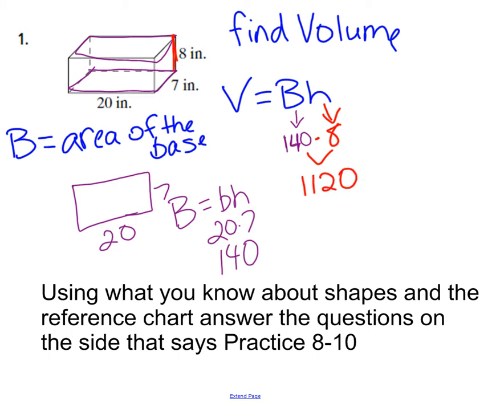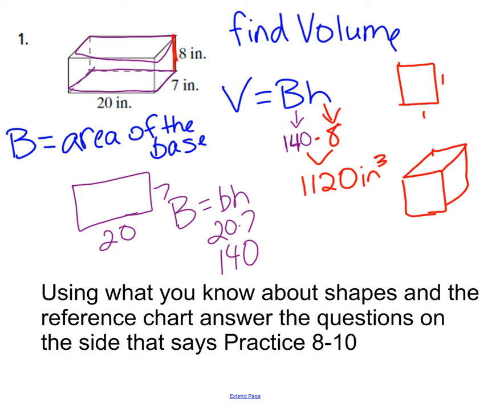Okay, so 140 times 8. 1,120. Yeah, because 8 times 4 is 32. And that is inches, what? Cubed. Because volume is in 3 dimensions. So we talked about square inches as being a flat square that was 1 inch by 1 inch, right? When we talk about volume, we're talking about cubic inches.